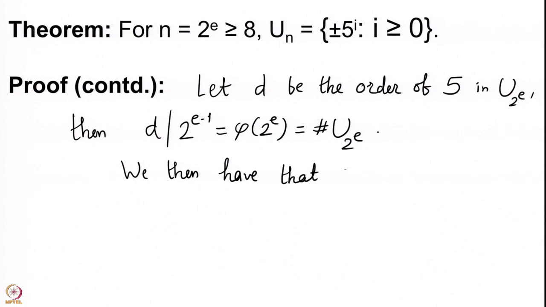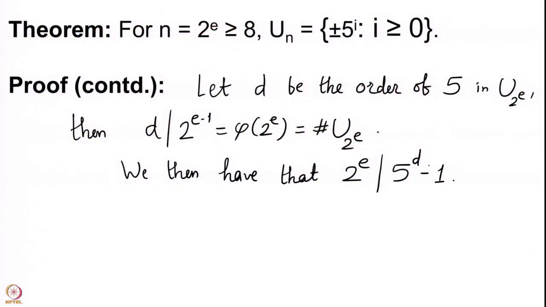that 2 power e divides 5 power d minus 1. This is because the order of the element 5 in U_{2^e} is d. So, 5 power d is 1 in our group U_{2^e}, which means that in the residue class language the element 2 power e divides the difference of these two natural numbers 5 power d and 1.